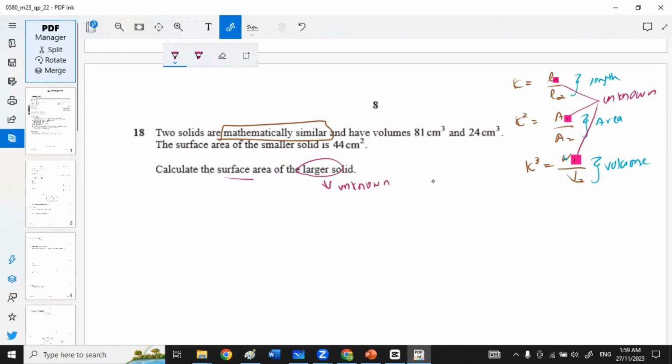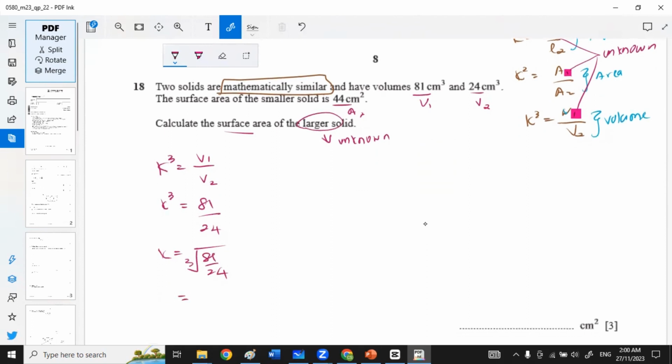Okay. So you have the volumes of the two solids, 81. So this is V1, this is V2, and this is A1. First, write down the formula. Since we have volume, k cubed equals V1 over V2. So k cubed equals 81 over 24. So your k is equal to the cube root of 81 over 24.